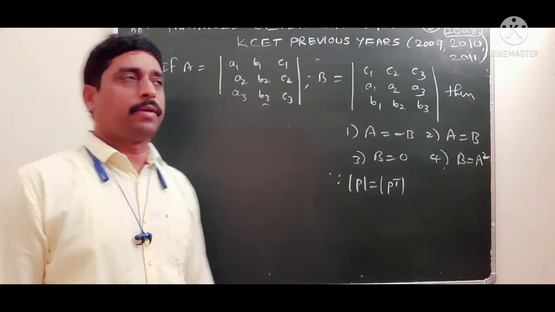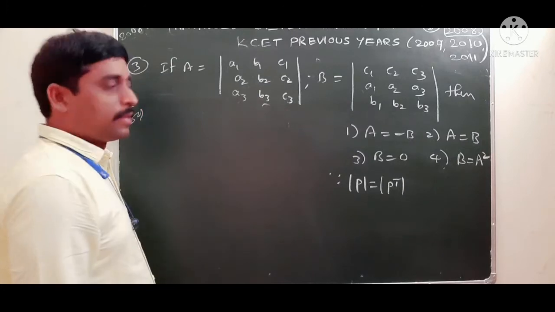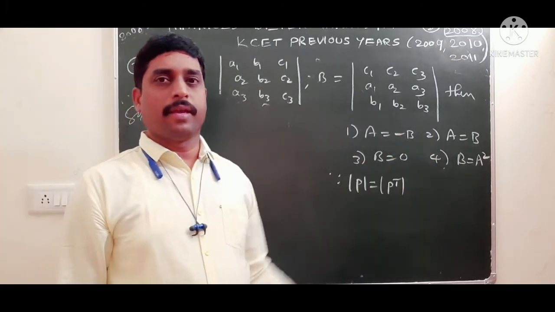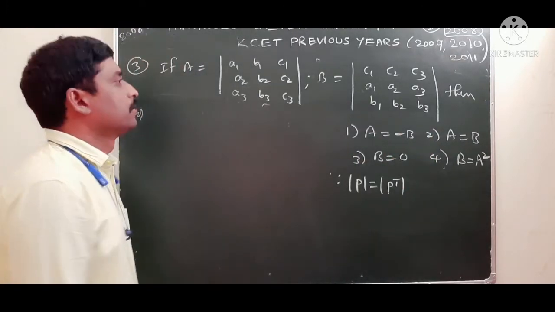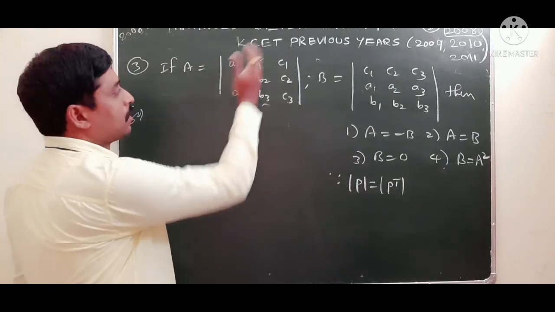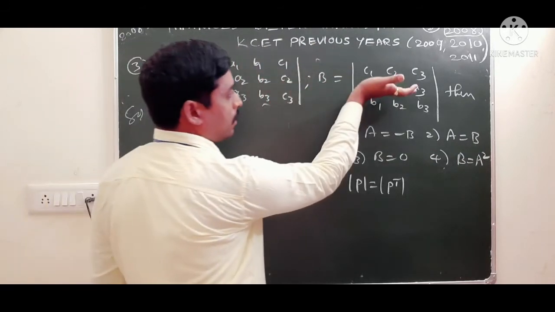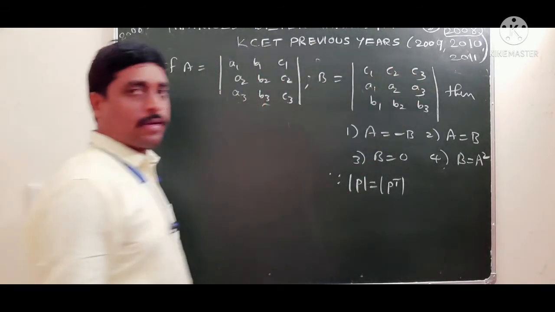Okay, let us go to the next problem. This is from 2008. Two determinants A and B are given. Find the relation between A and B. Let us observe these two determinants. In the first determinant, the first column has A1, A2, A3. In the second determinant, the second row has A1, A2, A3.